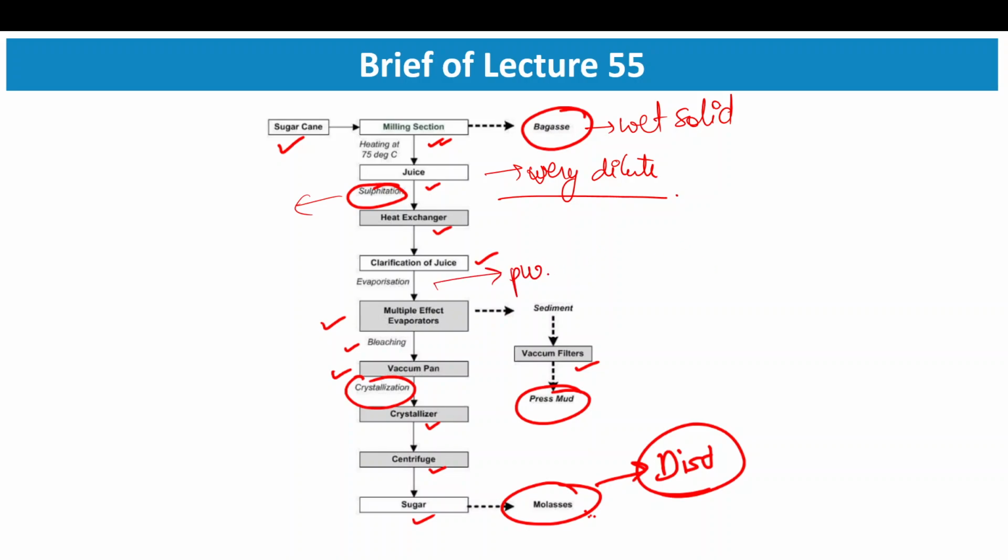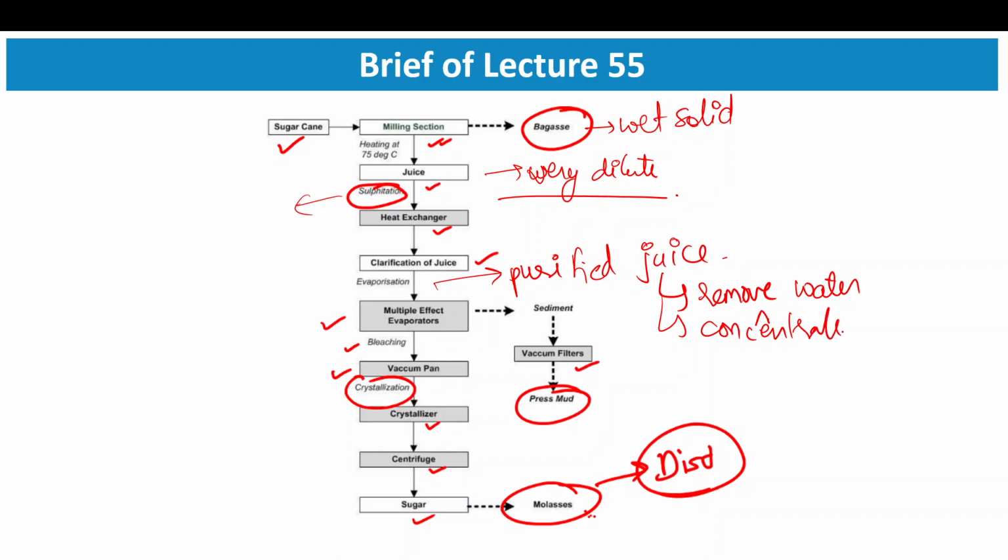Until this point you were purifying the juice, right? So now you have purified sugarcane juice. Since this has more water in it, you need to remove water out of it, which means you want to concentrate sugar.